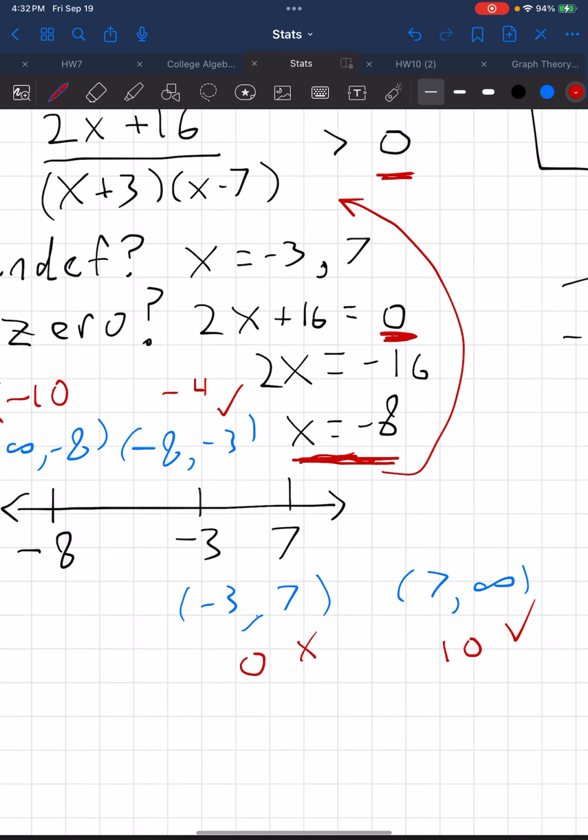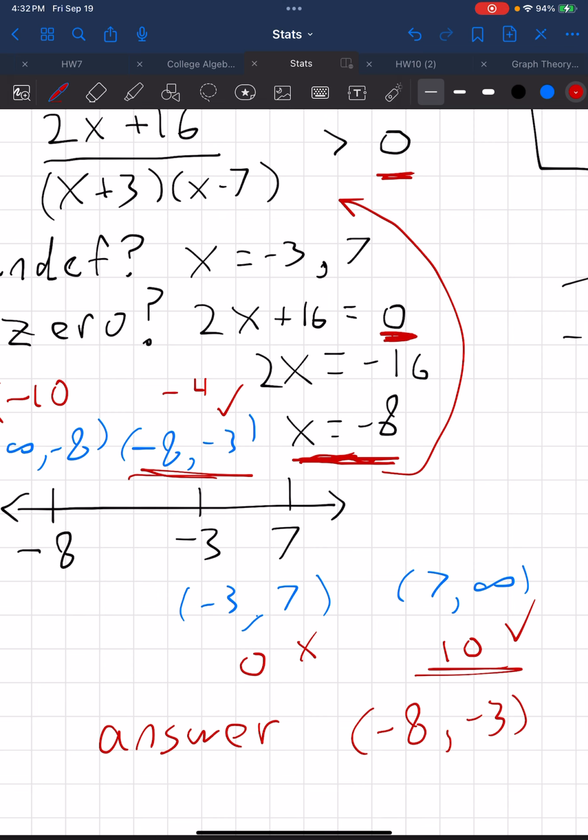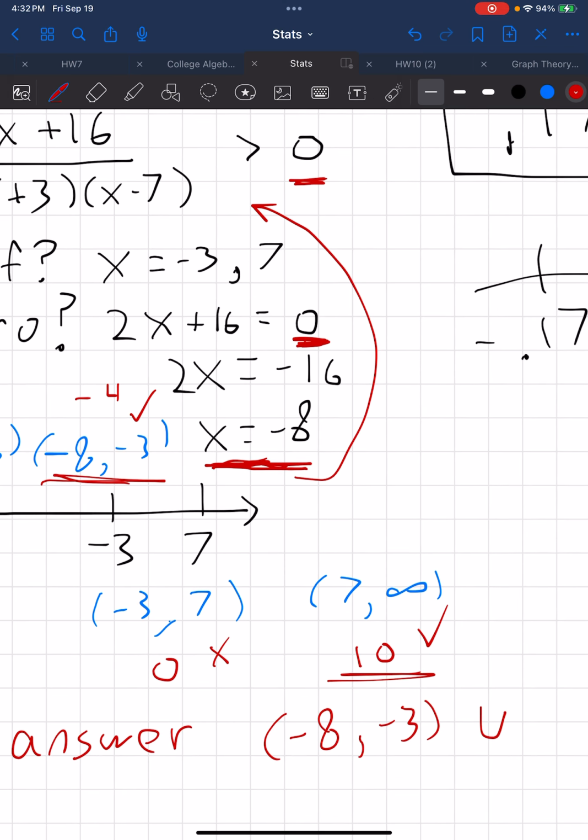So in the end, my answers are the two intervals that it was valid for. So my answer would be negative 8 to negative 3 and 7 to infinity.